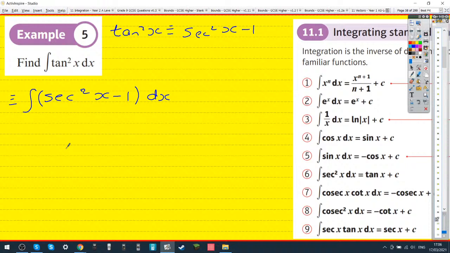Go on. Find the integral of sec squared x. Tan x plus c. There you go. Integral of minus 1 with respect to x.